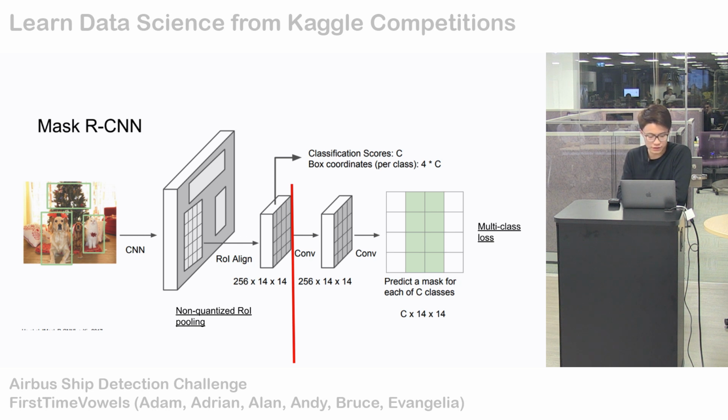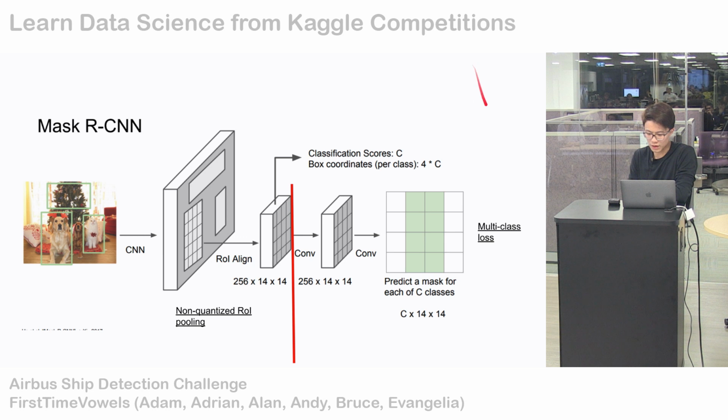And after this is Mask R-CNN. It looks pretty similar to Fast R-CNN and Faster R-CNN. On this slide, before this red line is quite similar to Faster R-CNN. But here, they put another convolutional layer, and then they can predict the mask for each class.